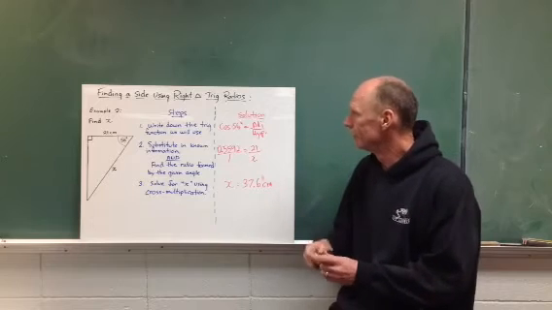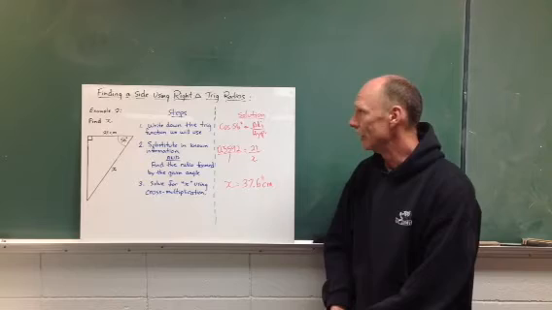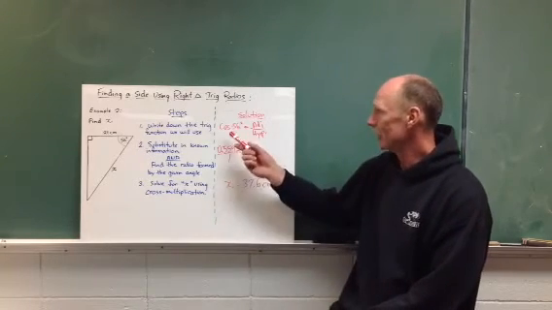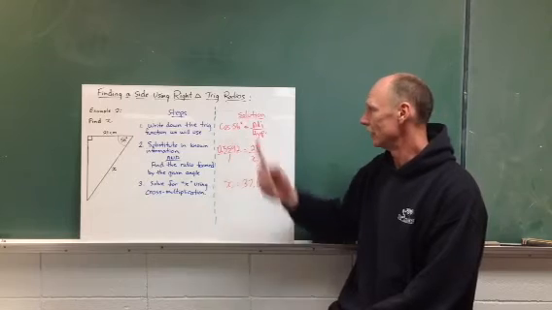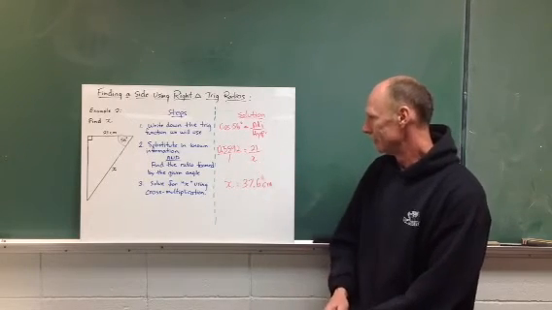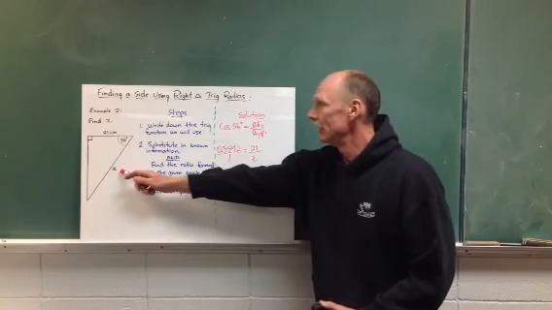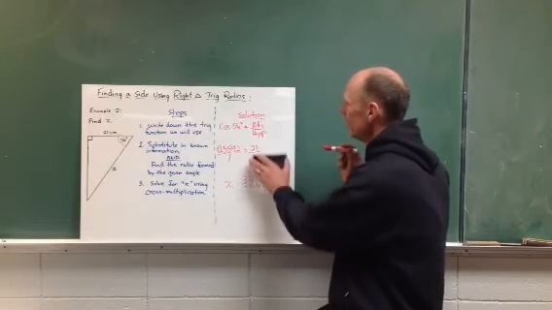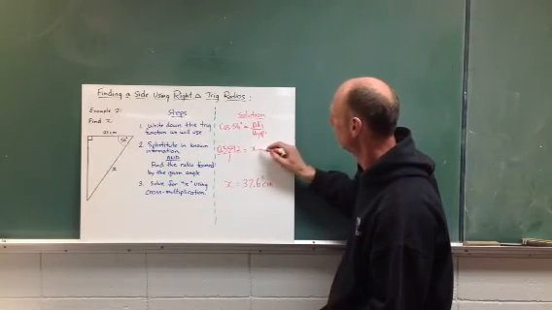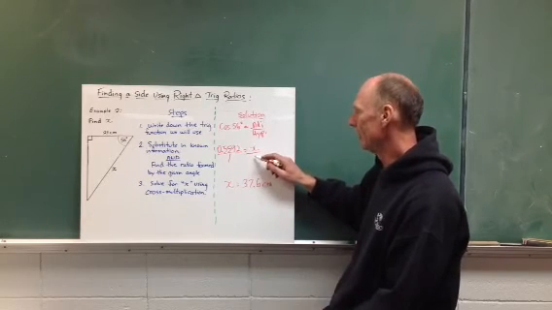All right? Now, the process will be the same every time, regardless of which side I'm looking for. It's just that sometimes we'll use tangent or sine instead of cosine. Had this x been on top, so let's say we knew the hypotenuse and we're looking for the adjacent, these would be reversed. X would be on top, and some length of the hypotenuse would be given down here.